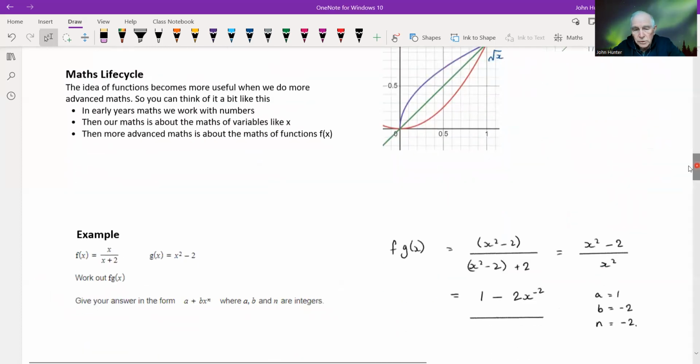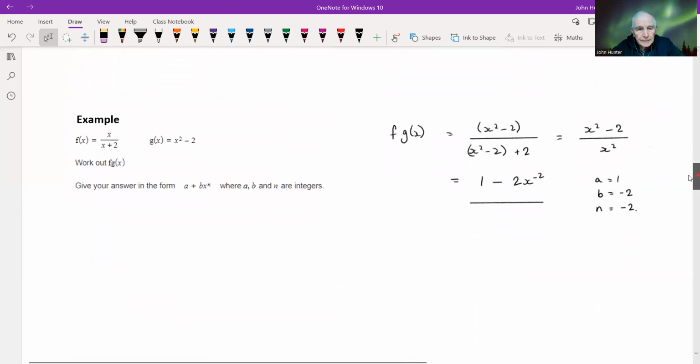All right, let's look at one or two examples then. f of x is x over x plus 2, g of x equals x squared minus 2. Work out f of g of x. What we are doing is plopping this x squared minus 2 into every occurrence of x in f, and this is what we get.